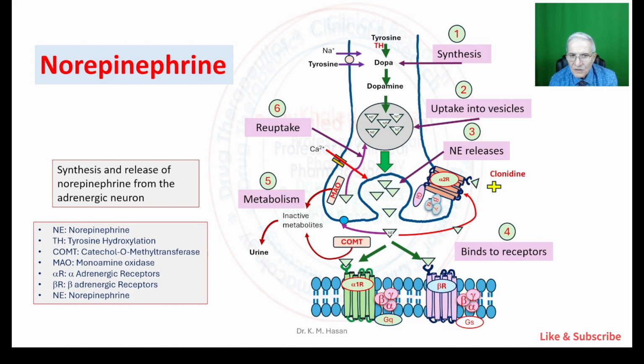All these represent the effect or the pathway of norepinephrine in the presynaptic neuron, postsynaptic neuron, and the synaptic cleft.